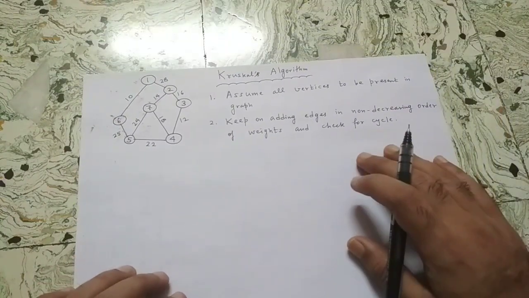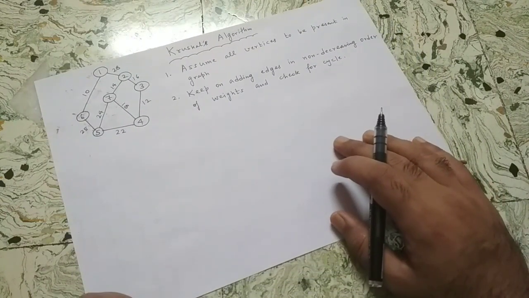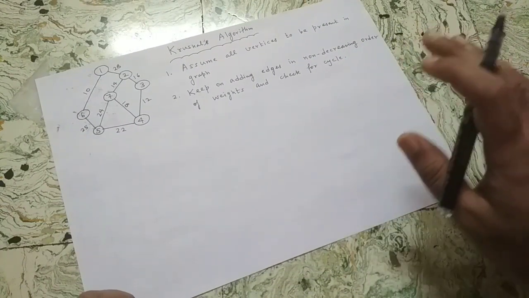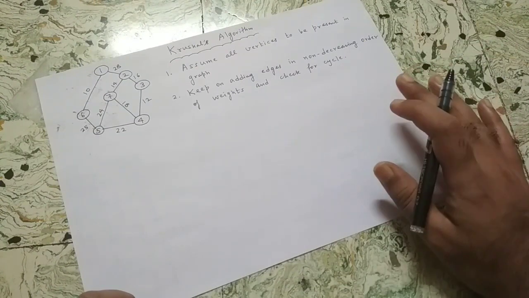So this is Kruskal's algorithm. Now this is slightly different. In Prim's algorithm, we kept on adding edges and vertices. Of course, we added both, but we did not require to check for cycles.